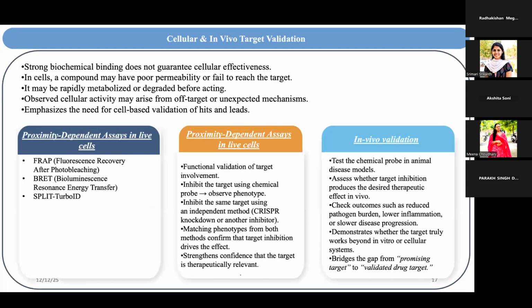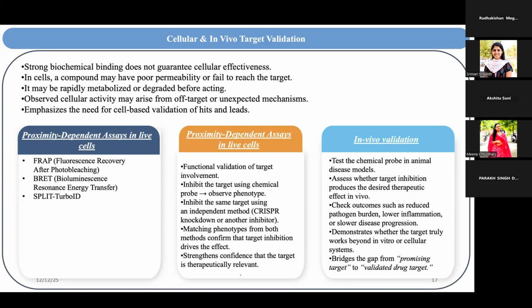So the next one is cellular and in vivo target validation. Finally, we need to validate the targets in the physiological context, like inside living cells. Our screened compound may bind to a target protein in the biochemical assays, but in living cells it may not reach the target.